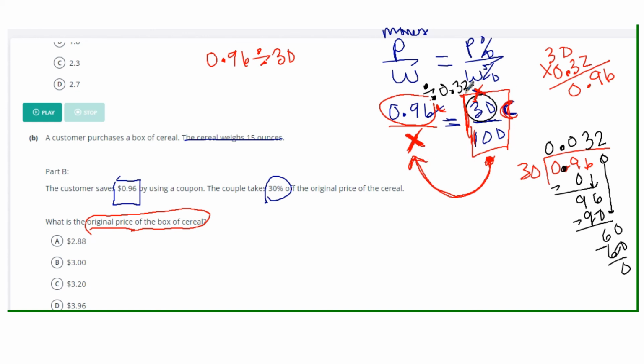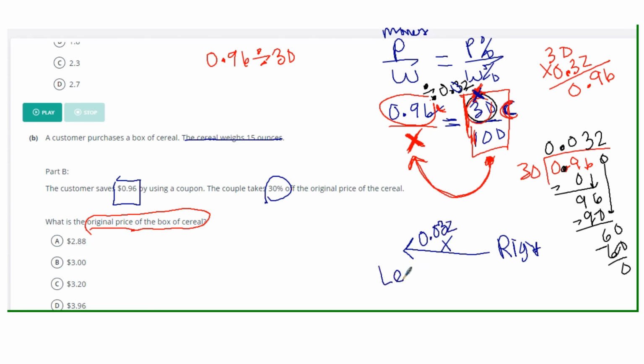I need to go from the right to the left. So at the top, going from the right to the left, I have to start with 30 and multiply it by 32 thousandths. So now, since I have to go from the right to the left, I need to multiply by 32 thousandths.